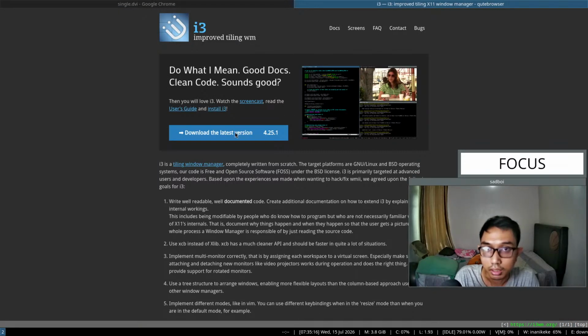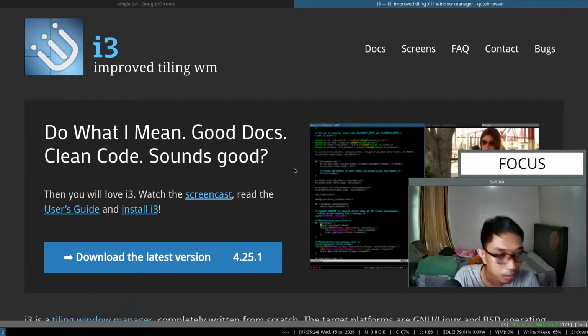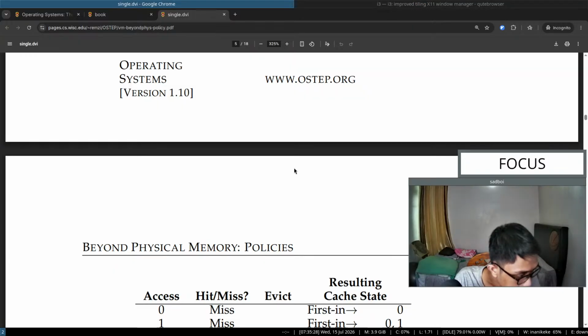You can see the X11. I'll put that in the chat. Yeah, I'm not using Wayland yet, still on X11. Why is it so minimalist?